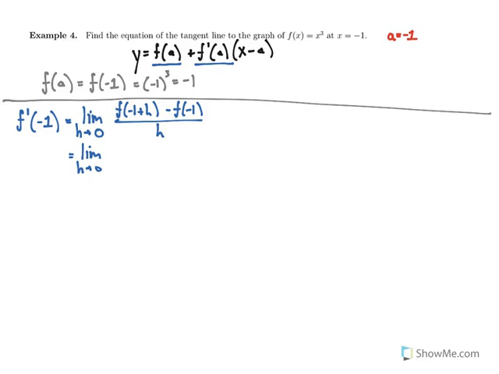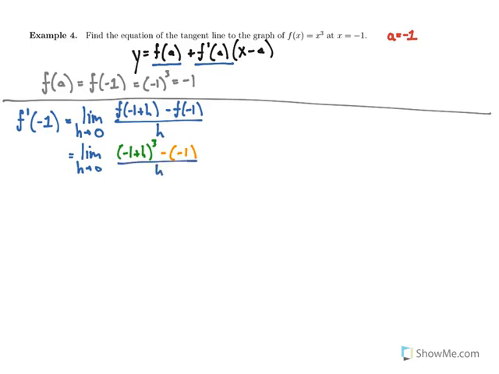And we plug it into the function. That's going to give us negative 1 plus h cubed. F of negative 1 is negative 1, so that's going to give us a minus negative 1, and then all over h.